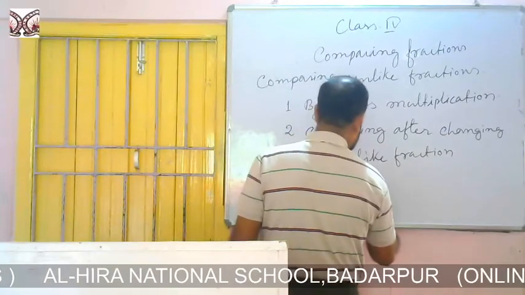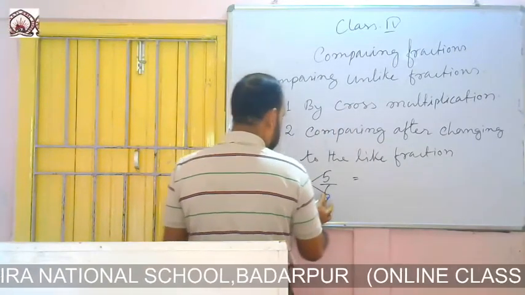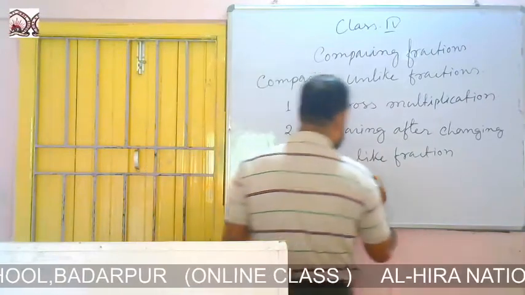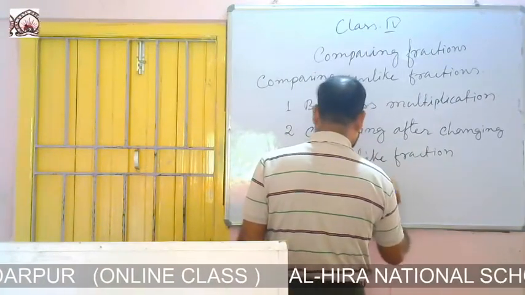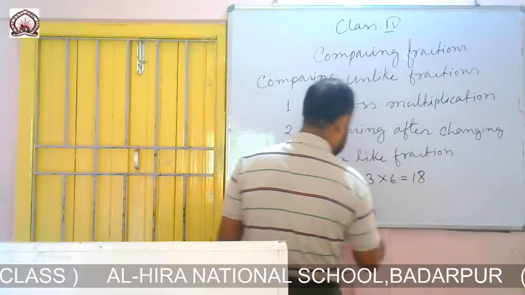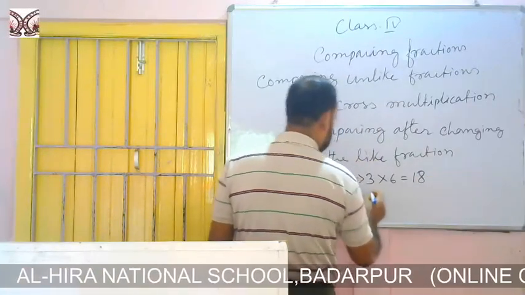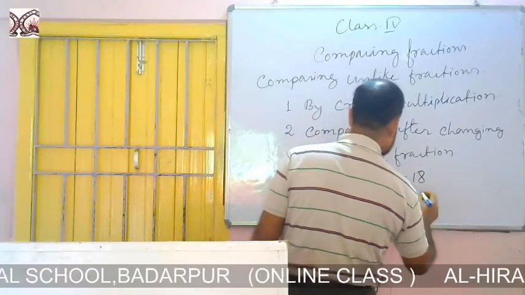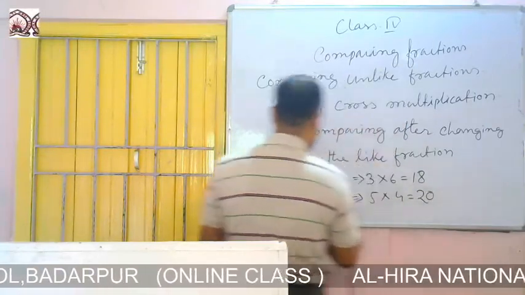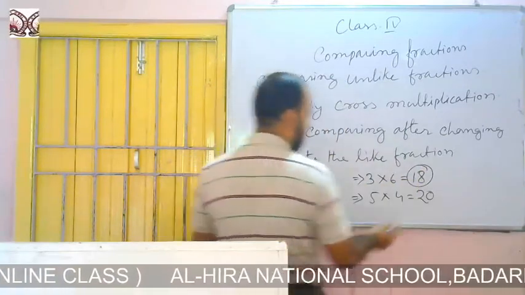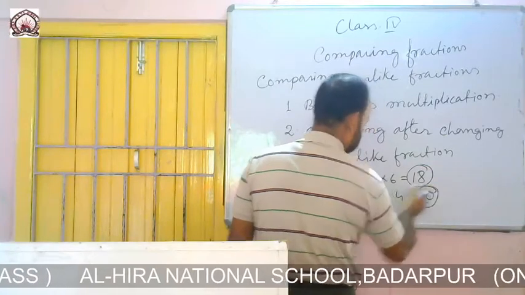So 3 into 6 and 5 into 4. 3 6s are 18 and 5 4s are 20. So the first product is 18 and the second product is 20.